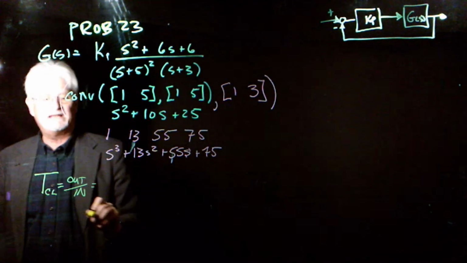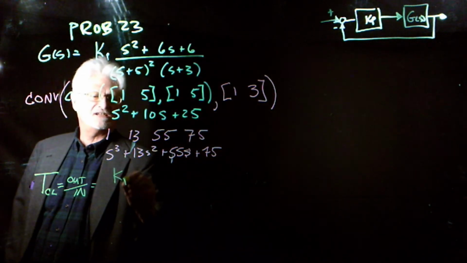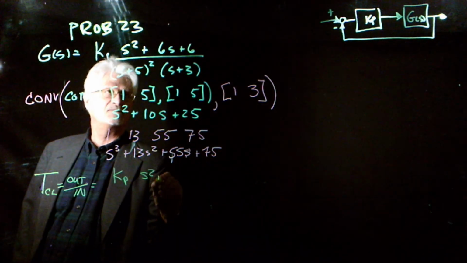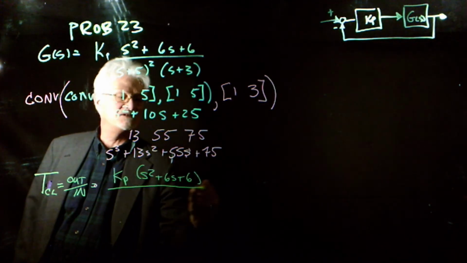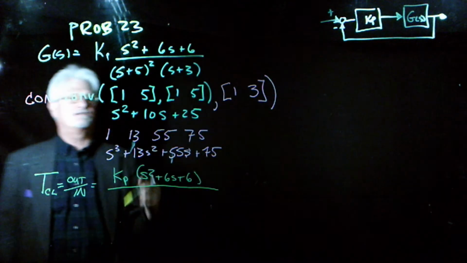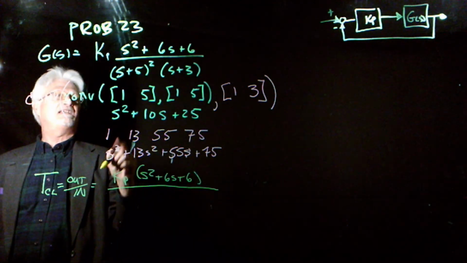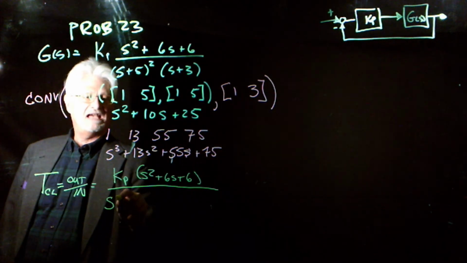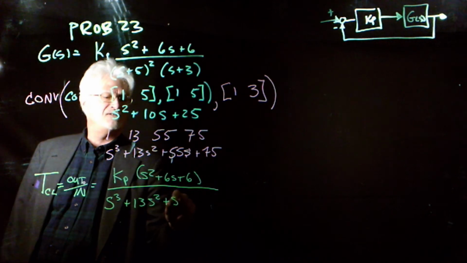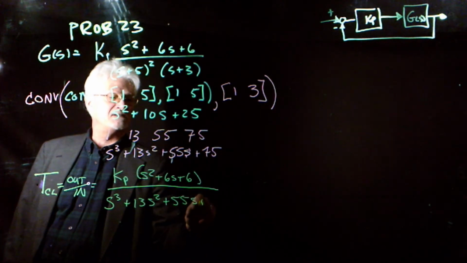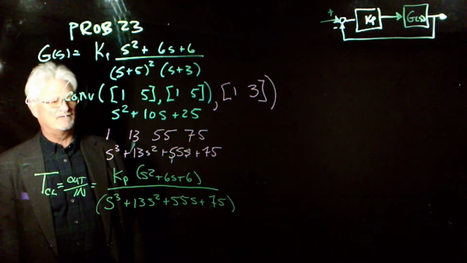That's the numerator of G, S squared plus 6S plus 6, times the denominator of H. That's just 1 because we're a unity feedback system. And now we look at the denominator of G, which is S cubed plus 13S squared plus 55S plus 75. Oh my goodness, I don't think I did this all quite right, but.